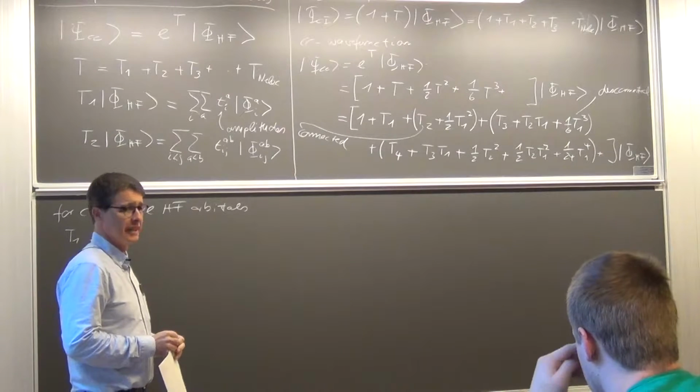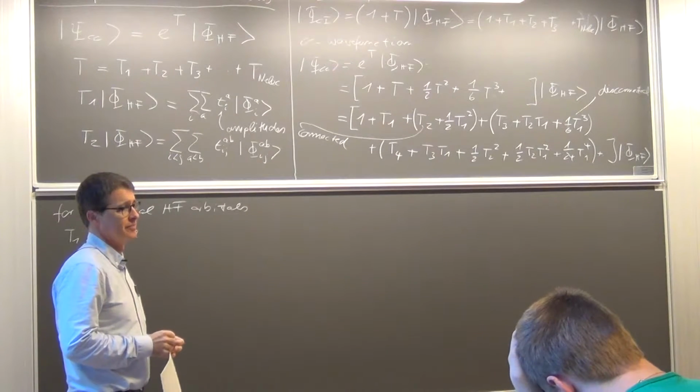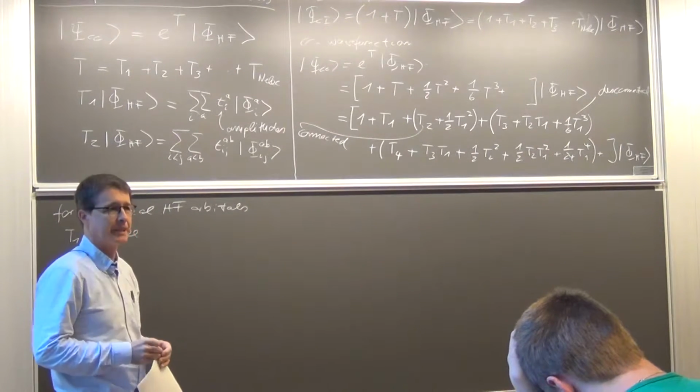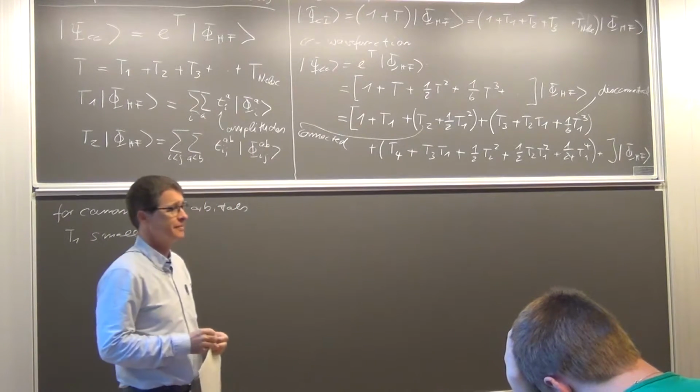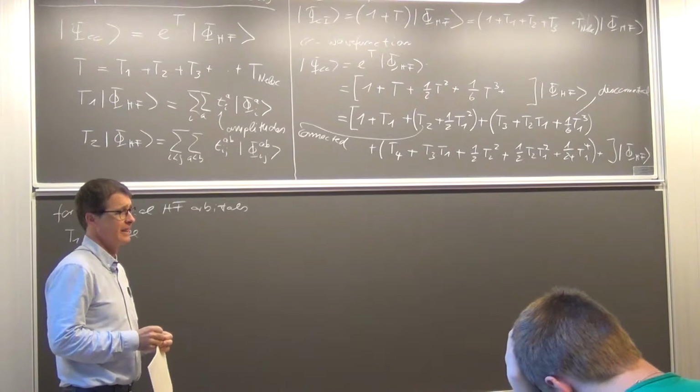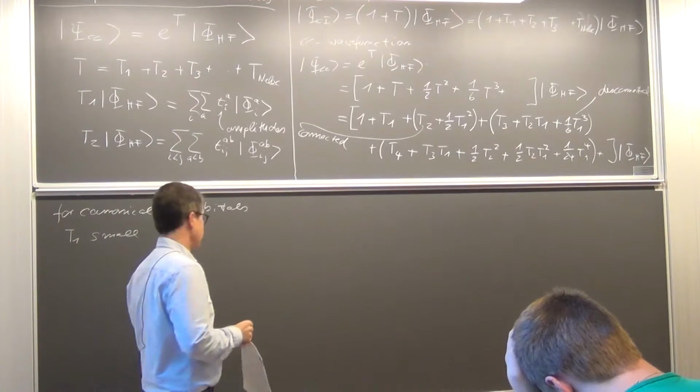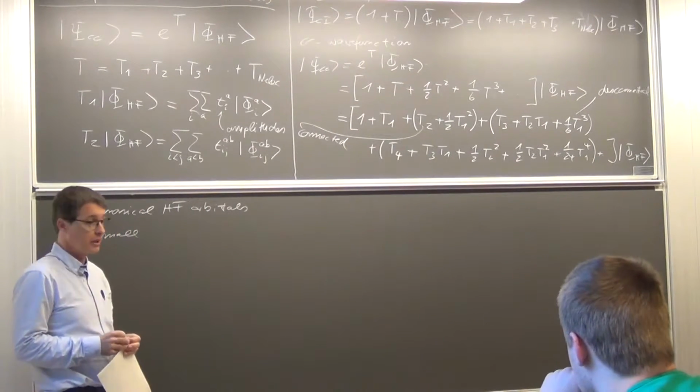Do you have an explanation for that? From what we discussed so far? Emil? They don't connect with the ground state. They don't connect directly with the ground state. That's one argument.